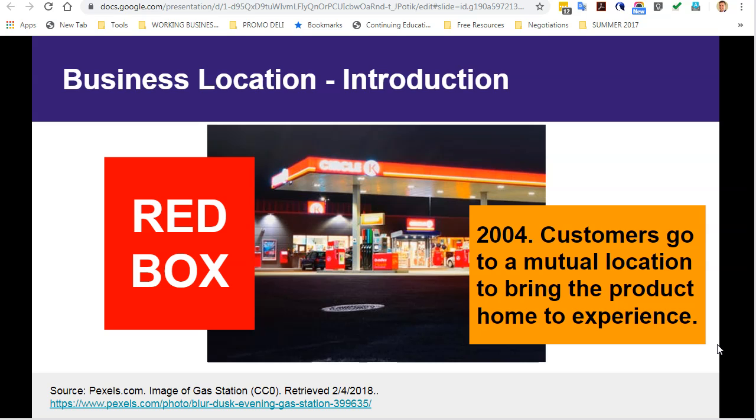So this is probably someplace that a customer was already going to go anyway to get gas, or they could go to a grocery store where they were already going to get groceries, and they would have a vending machine where they could rent a DVD movie there. So it made it more convenient, and also customers wouldn't have to wait a couple days to get the video by mail.